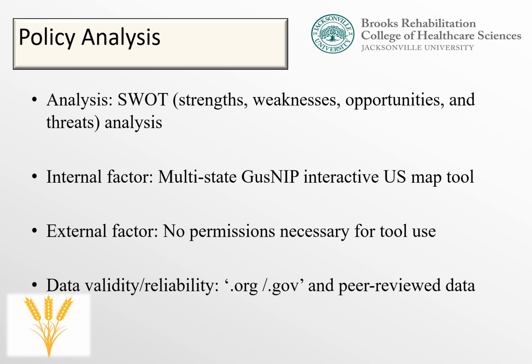The internal factor was the multi-state GusNIP Interactive USA Map Tool. This map tool is interactive. When you visit the website, it displays a color-coded United States map, and you click on the state of your interest to see which program funds that particular state.